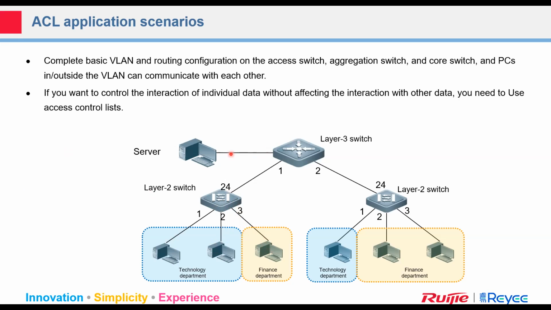How we do this is, you allow the server to access PC number 1. You can allow the server to access PC number 3 on a different floor. And you can block this one, PC number 2 to PC number 2 on a different floor. So how do we do this?